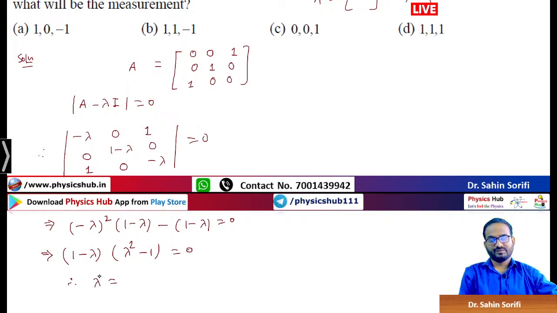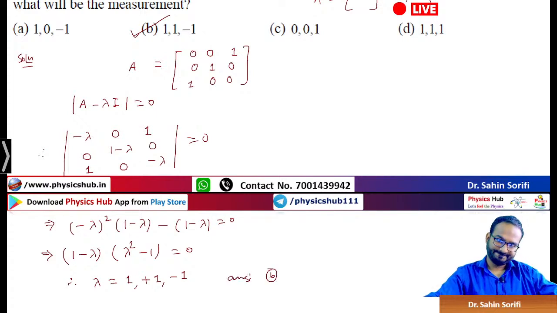From the first one we are getting lambda equals 1, from the second one we are getting plus minus 1. So 1, 1, minus 1. B. Yes, B is the correct option.